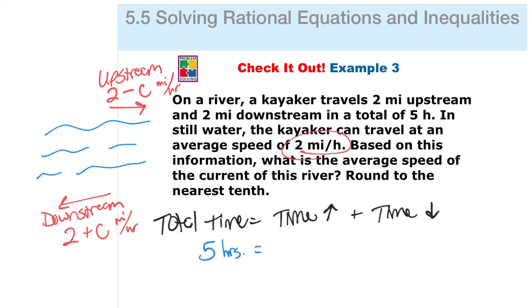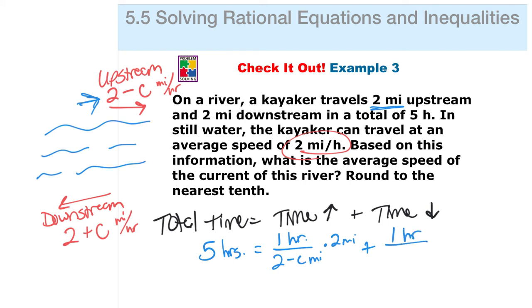Now the time she takes to travel upstream, we know she goes 2 miles at this speed. So we're going to have to do some unit conversions here. So this, her speed, we can convert into every 1 hour. She's going 2 minus c miles, and she travels 2 miles. Plus her downstream, we can take her speed, which we're going to do as hours per mile.